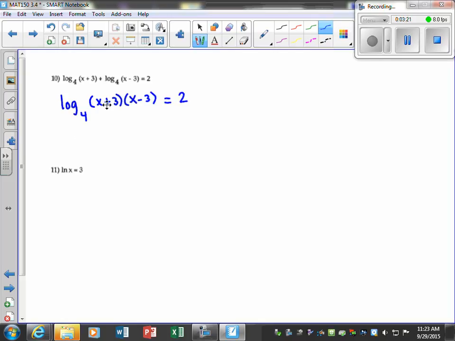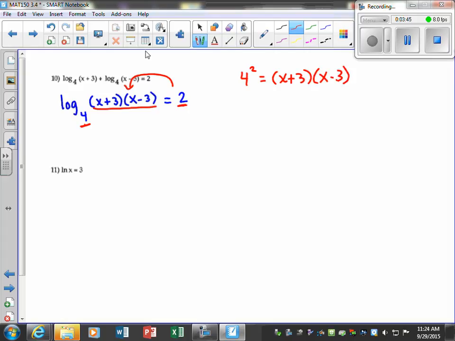Now this matches our format, and we can rewrite this in exponential form to solve. It's just a lot more complicated, the argument, but that doesn't change anything. We still have this raised to this, so I'm going to say 4 squared, this raised to this equals this whole entire piece. So we get x plus 3, x minus 3.